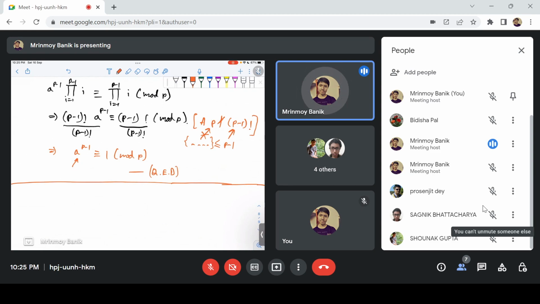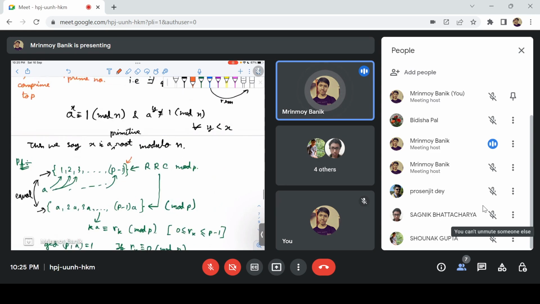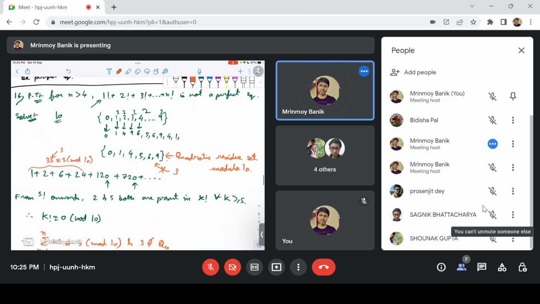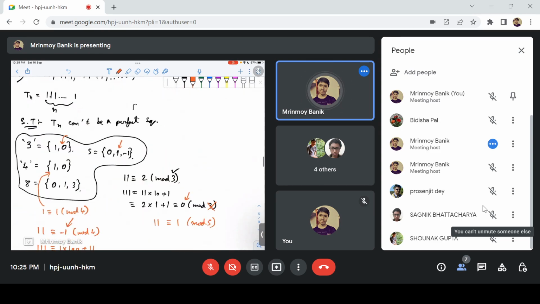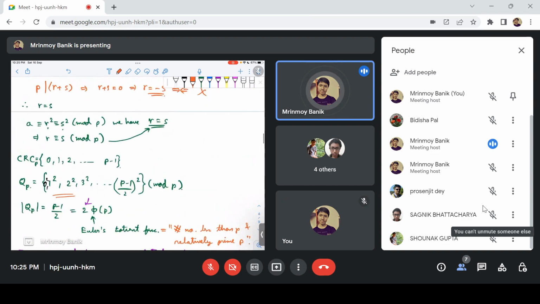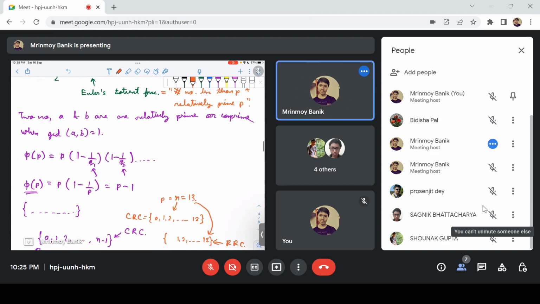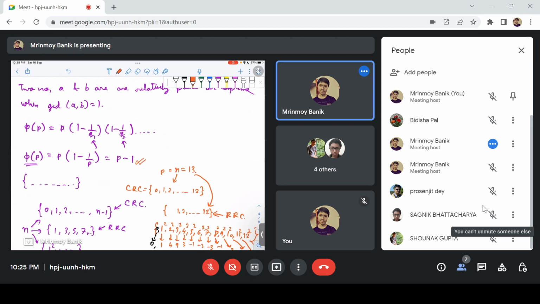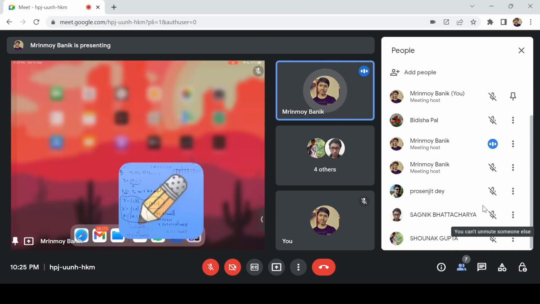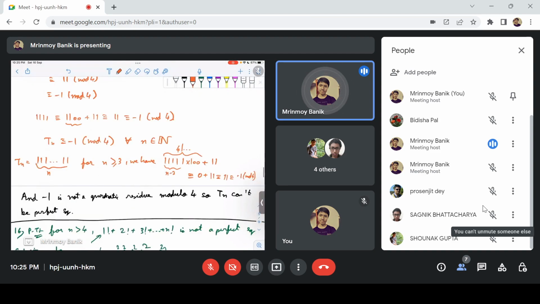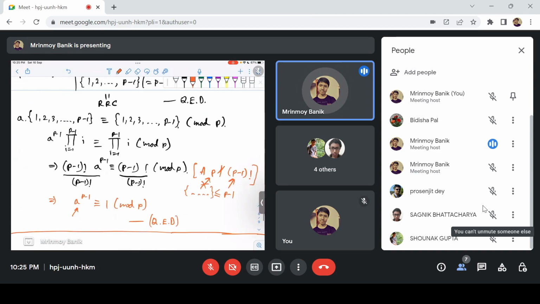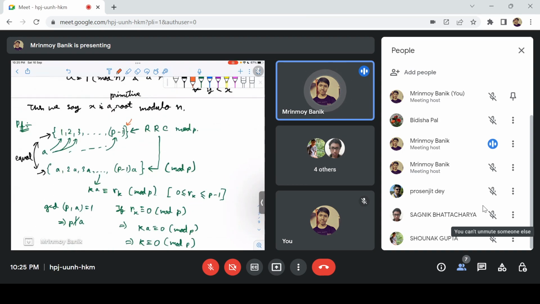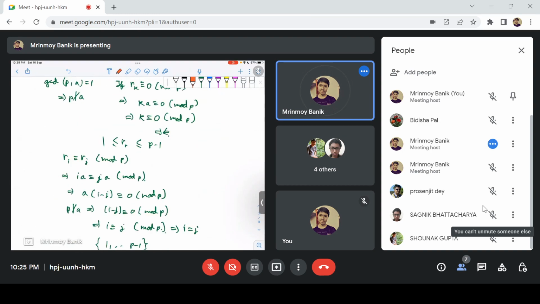And we know from experience, as we just saw earlier, that the reduced residue class has exactly P minus 1 many numbers if P is a prime number. So that P minus 1 and this P minus 1 made us wonder why can't we just multiply them and try to find something interesting.